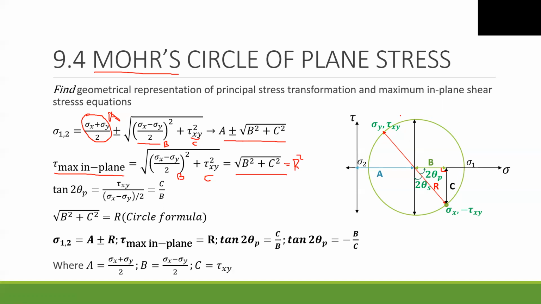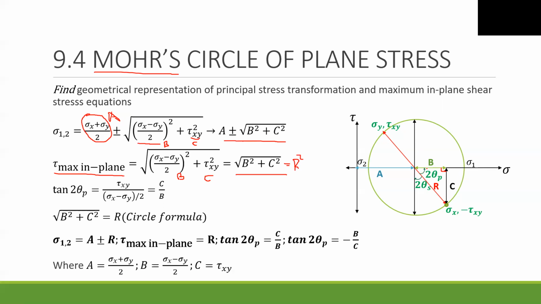So maybe I can continue from the formulation. You remember that theta p is the orientation of the principal stress, and tangent 2 theta p is equal to C divided by B. In other words, this angle in the circle represents the principal stress orientation angle.